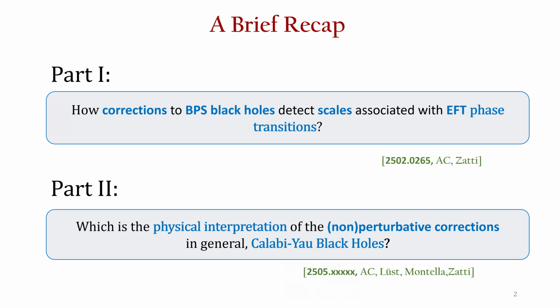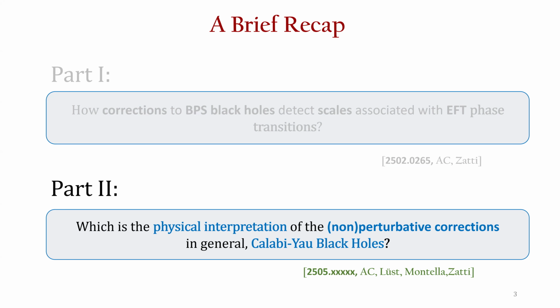But along the way, we made several observations that we believe are important and deserve some attention, particularly regarding the presence or absence of non-perturbative D0-brane effects. And this is the main topic of this second part.